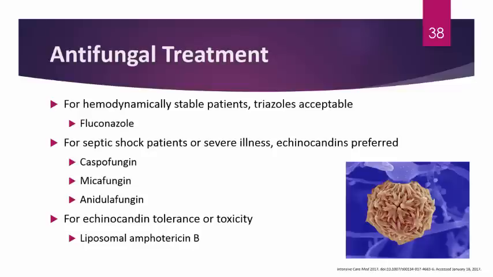And these are agents such as caspofungin, micafungin, and anidulafungin. For patients who have echinocandin tolerance or toxicity, which, to be honest, you won't see a lot in practice because echinocandins are relatively benign in terms of their side effects. However, if you do see that, for one reason or another, you can potentially use liposomal amphotericin B on those patients.